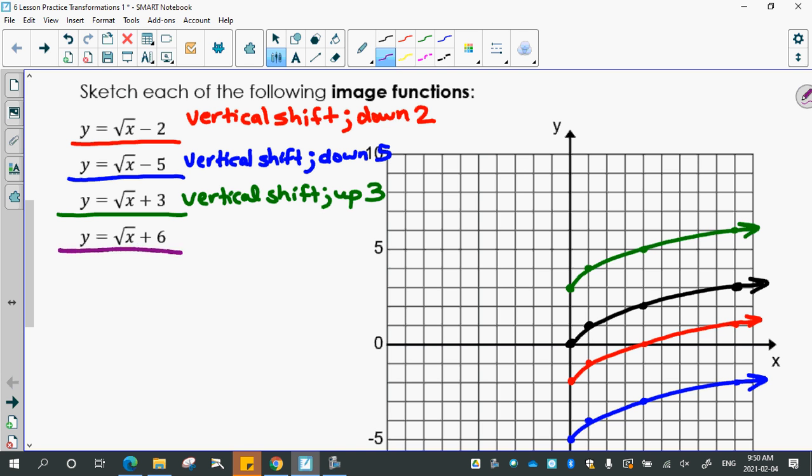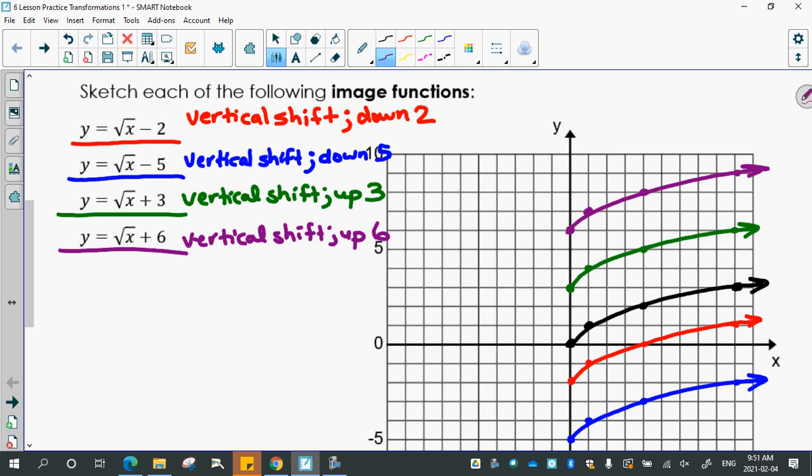And y equals the square root of x plus 6. It's going to start at 6 on the y-axis. Exact same shape. And it's a vertical shift up 6. And those are vertical shifts.